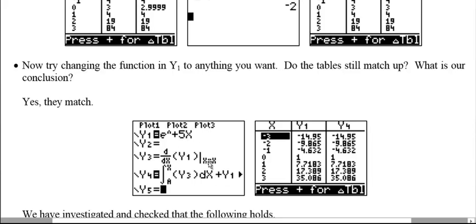Take the derivative of that, of the y1 with respect to x, and evaluate it at arbitrary x. So derivative first. Take that derivative of y1 and integrate it from a to x, definite integral, and add on to that y1 of a, and you see that the table for y1 and y4 are the same. We're right back where we started.